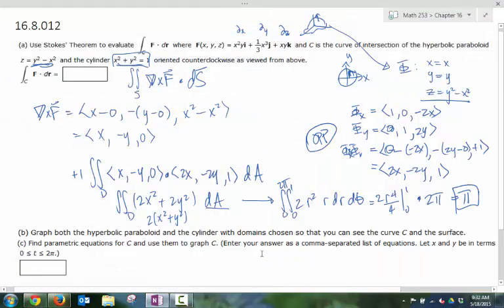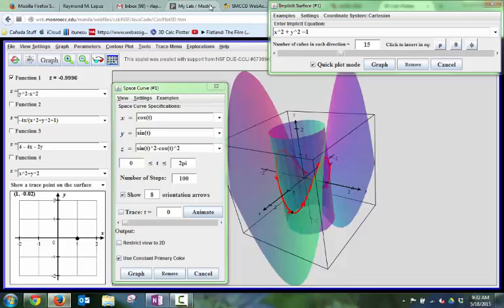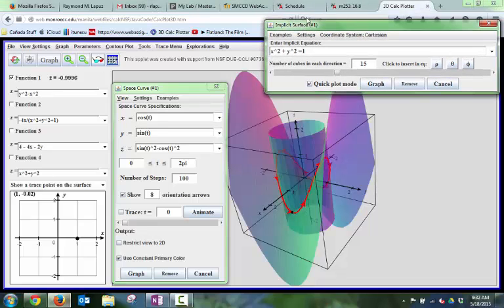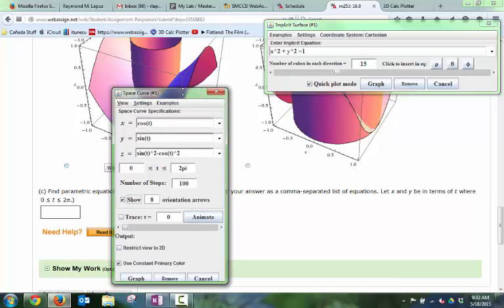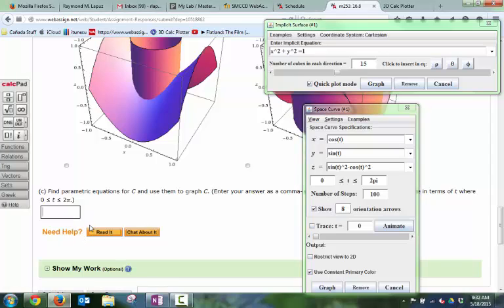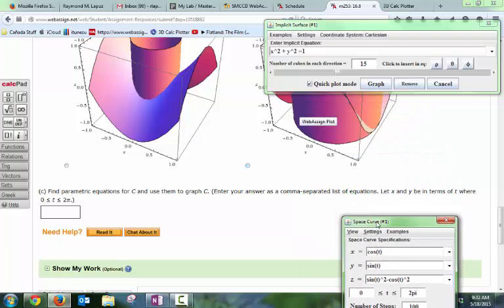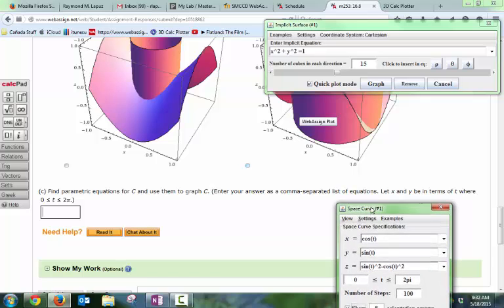So let's finish this problem. Over here, it's asking us for the parametric equations, comma separated, x, y, z in terms of t.